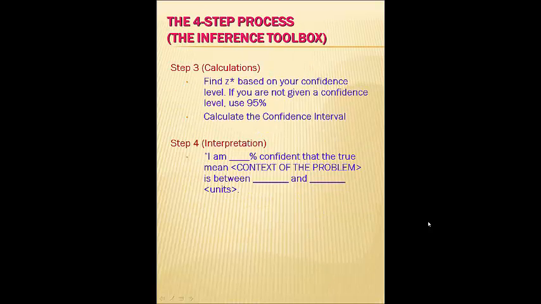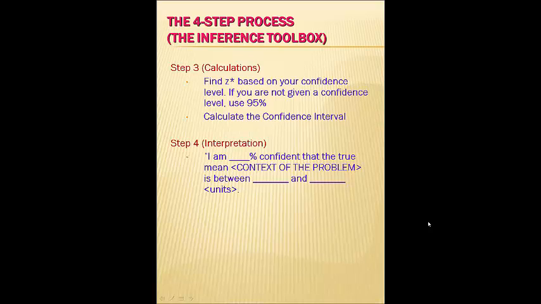Step 3: find a z-star based on your confidence level. If you're not given a confidence level, our default level is 95%. Then calculate the confidence interval. If you're using your calculator, make sure you put the formula down and fill in all of the values. And underneath the formula, you put use calculator. Otherwise, the answer you get manually may be different from what you get from a calculator, and College Board will deduct points for that.